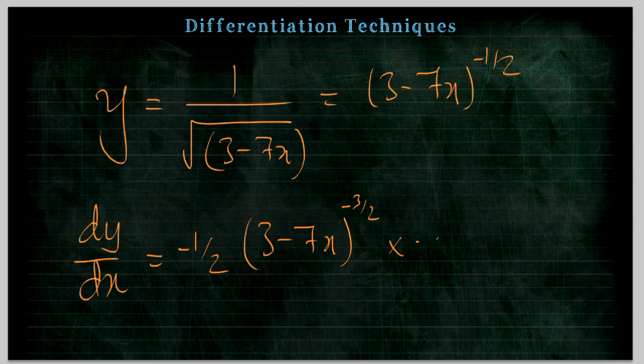So in this case that is minus 7. So that would be 7 over 2, 3 minus 7x to the power minus 3 over 2. Okay, so there you go.